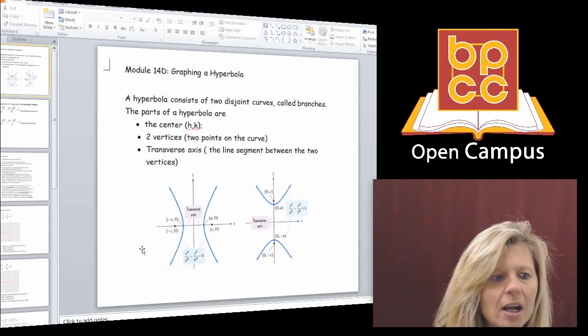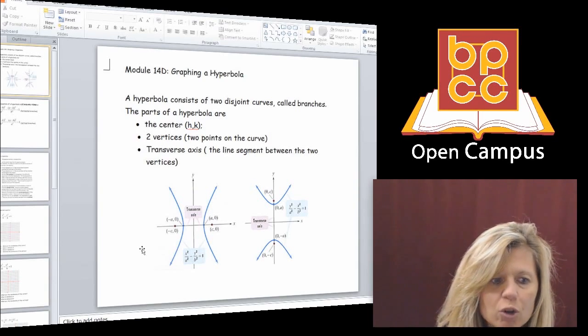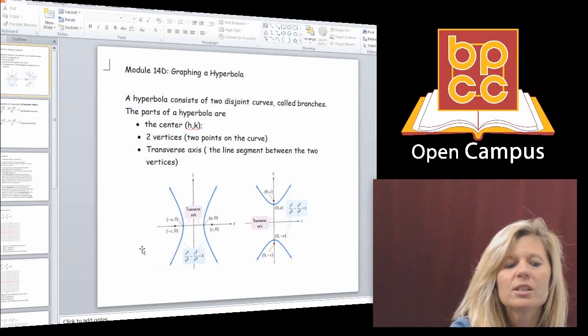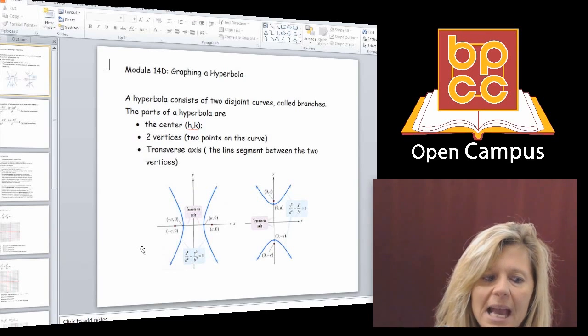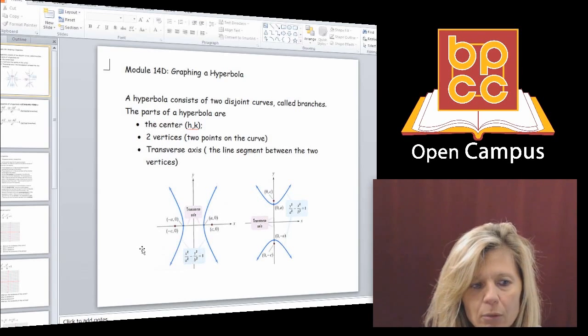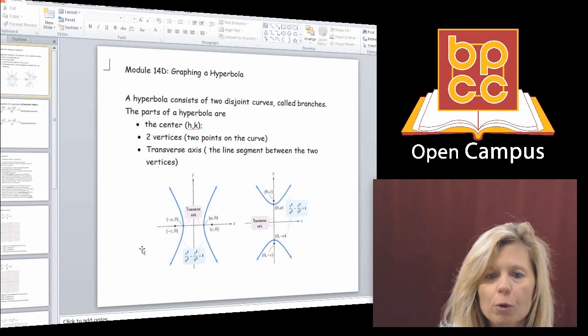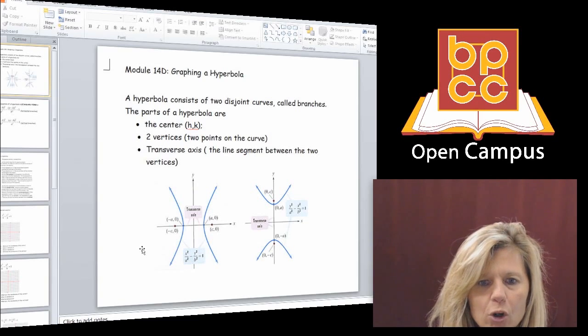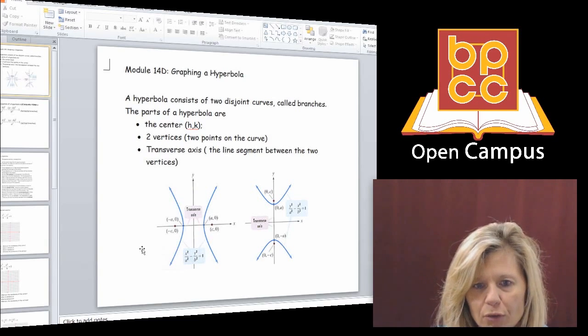So every hyperbola has a center. And we're going to use the same letters to represent the center, just like we did with the circle and the ellipse. So the center of the hyperbola is going to be (h, k). Now, to draw a hyperbola, you're only going to plot 2 points, not 4. The 2 points we plot for the hyperbola are called the vertices. Those are the points that are actually on the curve.